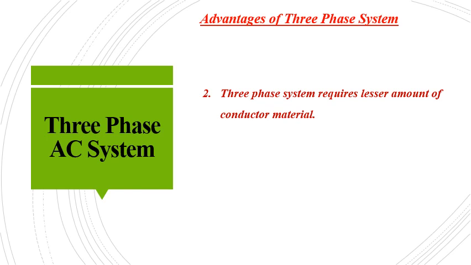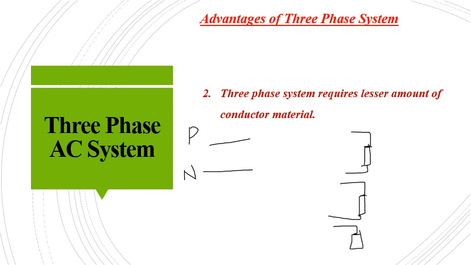The second advantage is that the three-phase system requires a lesser amount of conductor material. Assume I have a single-phase supply, this phase, then neutral, and then I have 3 loads: load 1, load 2, and load 3.